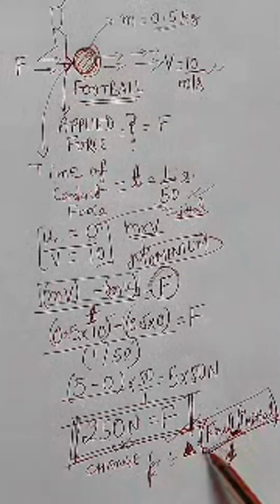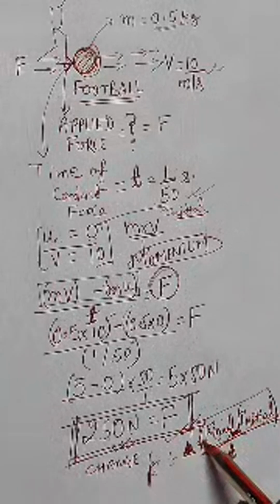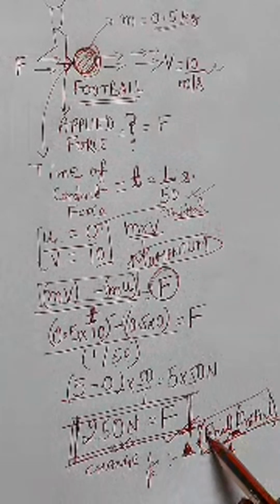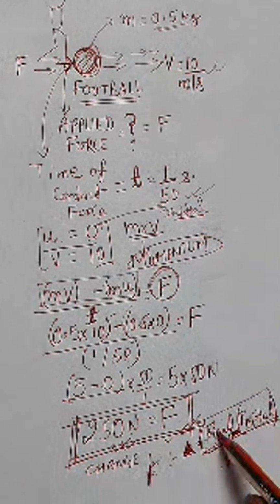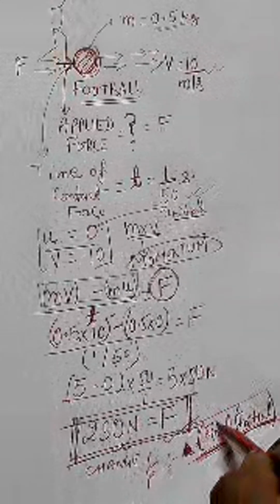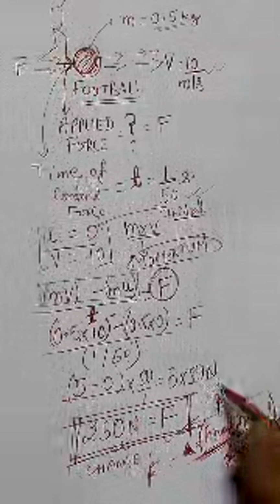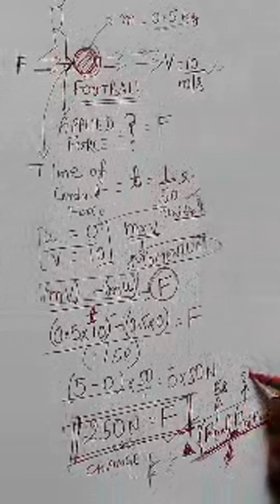I hope you understand the basic difference between change and rate of change. The change of momentum is final momentum minus initial momentum. But when it's rate of change of momentum, this will be divided by the change in time. Let's say the final momentum is at t equal to 5 seconds, and the initial momentum was calculated when the time was 2 seconds.